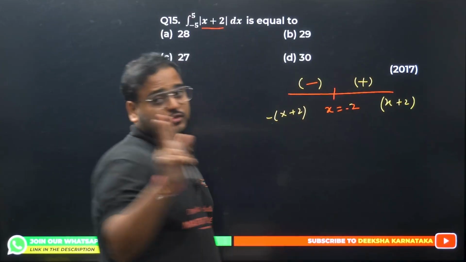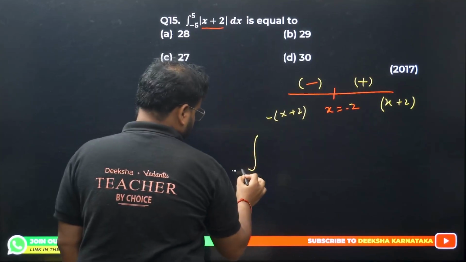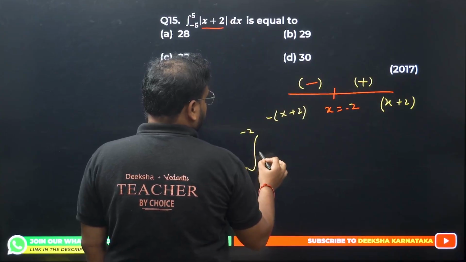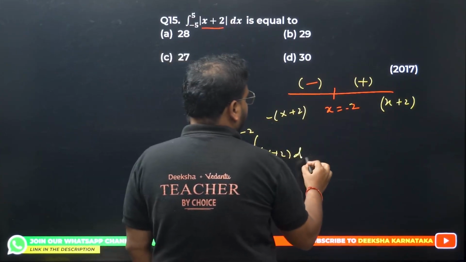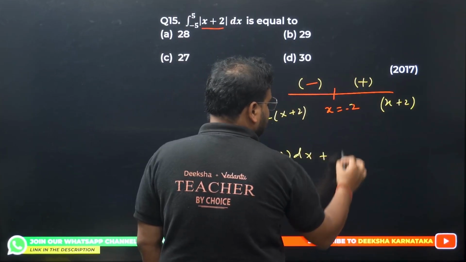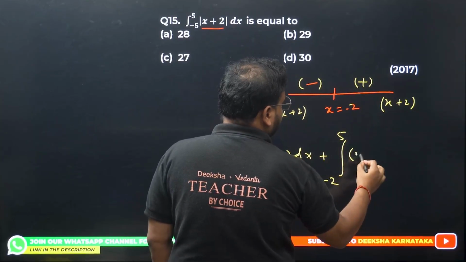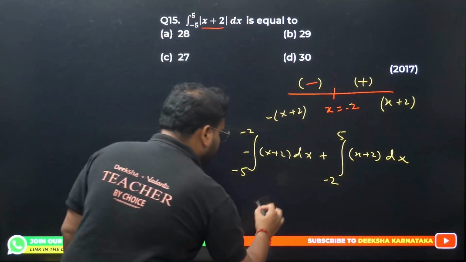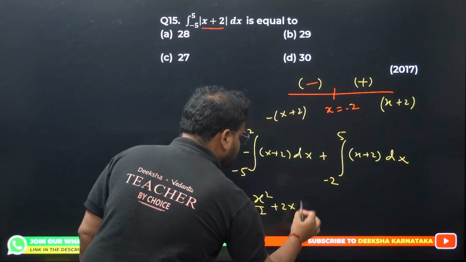So we have two functions over here actually. You have to break the limits. Minus 5 to minus 2. Function is minus of x plus 2 with dx, of course. And there is a plus sign from minus 2 to plus 5. This is going to be simply x plus 2 dx. Integrate. You will have x square by 2 plus 2x.